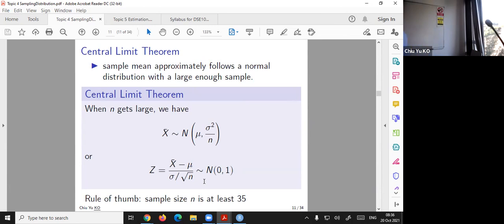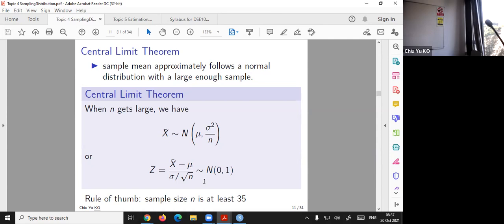So we have just said the sample mean has the same expectation as the population mean, and the standard deviation will be the square root of this. What the central limit theorem essentially says is that as the sample size becomes larger and larger, x bar gets very close to mu, but in reality they're never the same, so there is some distribution.